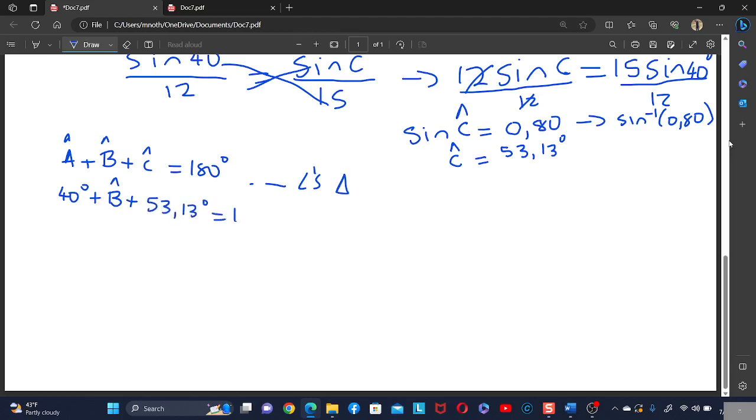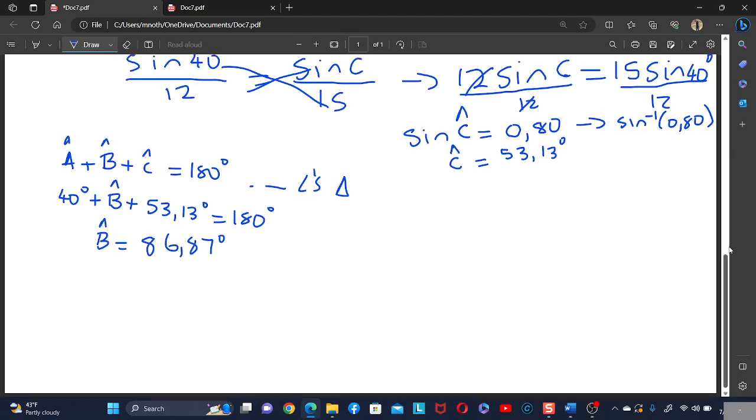So therefore, angle B is equal to 180 degrees minus 40 degrees minus 53 degrees, which is going to give us 86,87 degrees. That is the angle B.